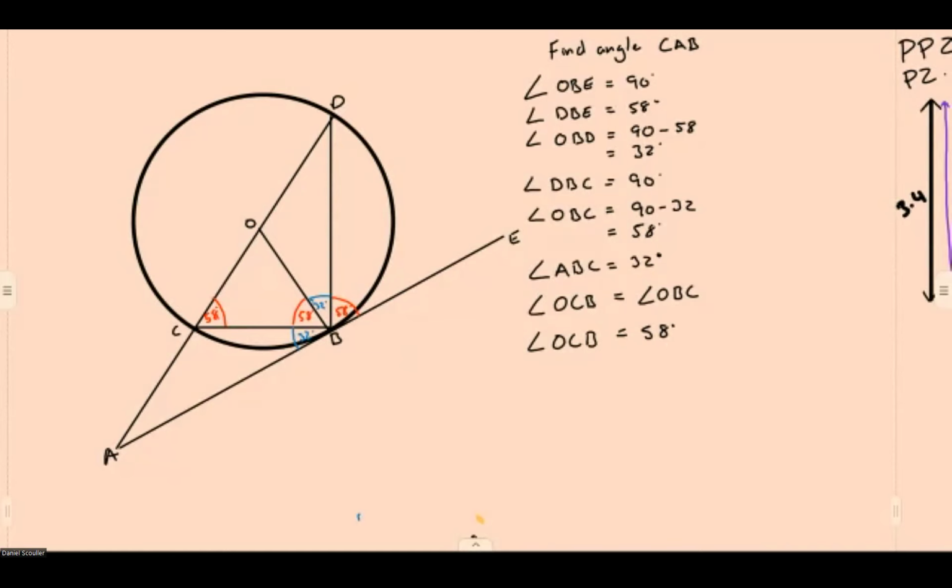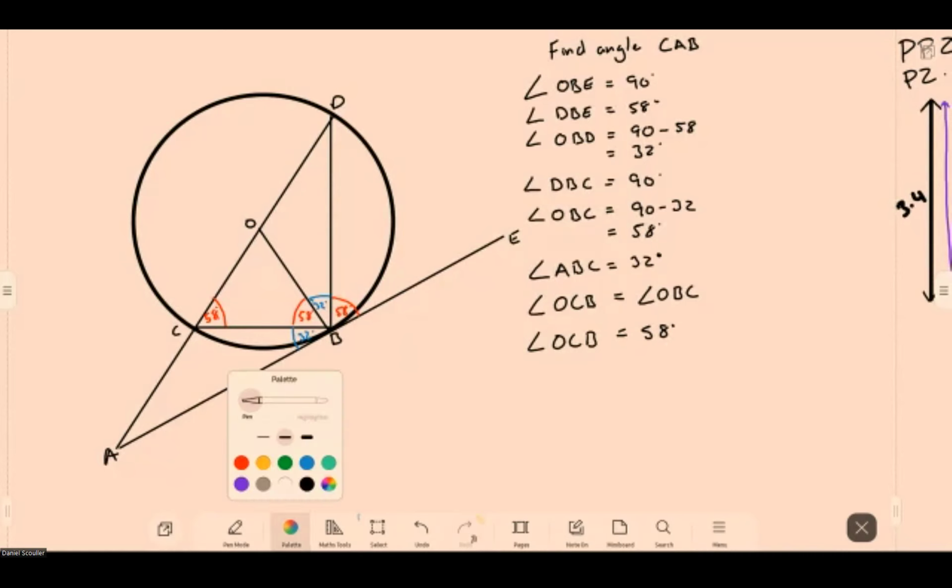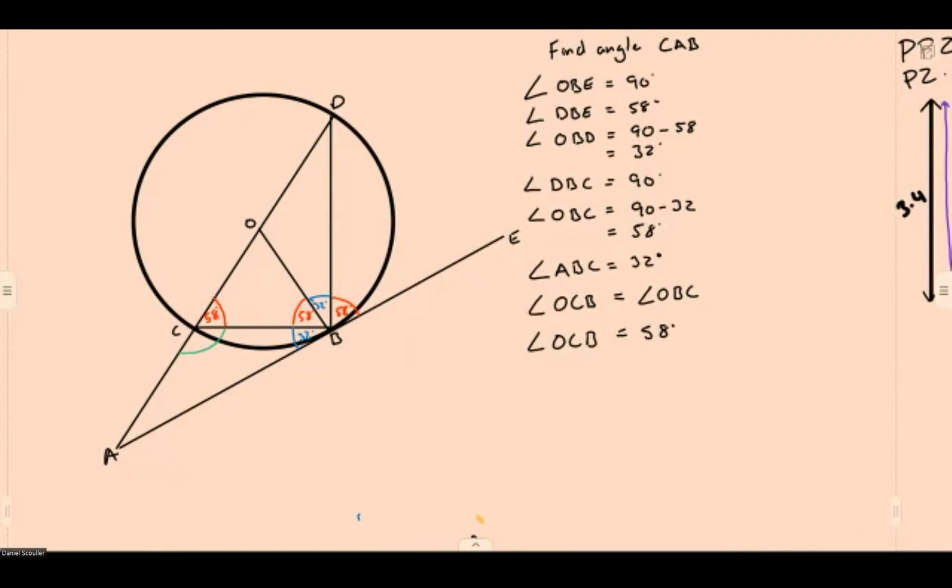Now, what we're trying to find, or what we can find, is this angle in here now. What do we know? We know that DOA is a straight line.